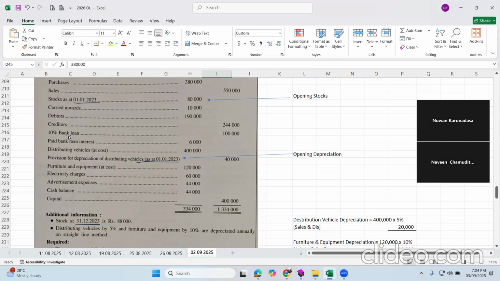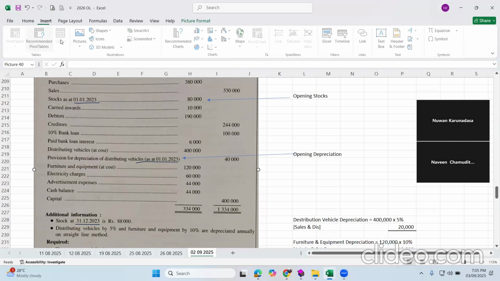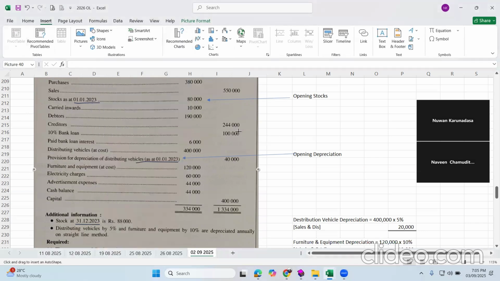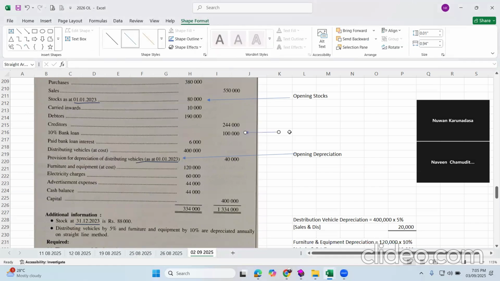If you see here, the bank loan value is 100,000.